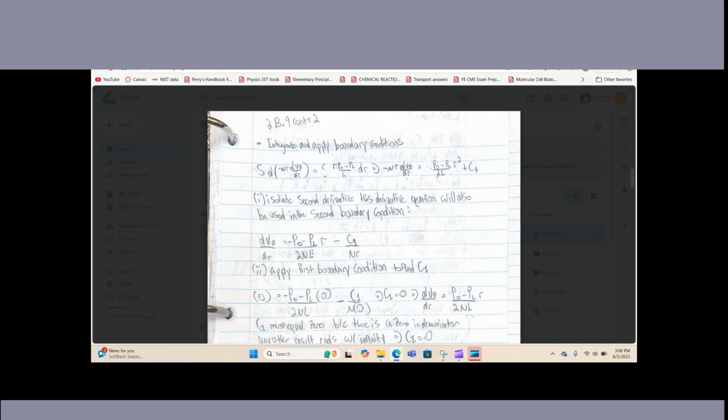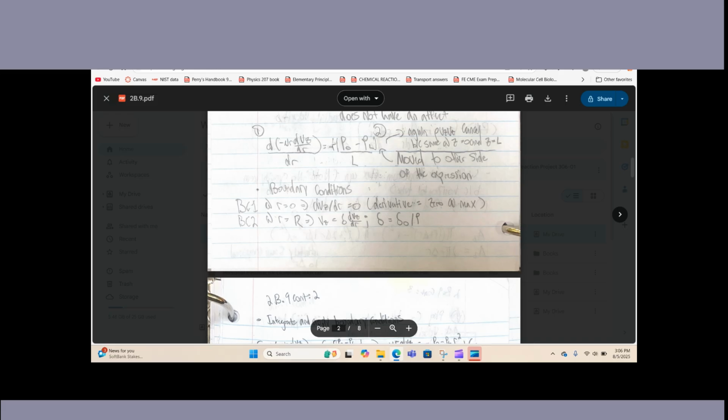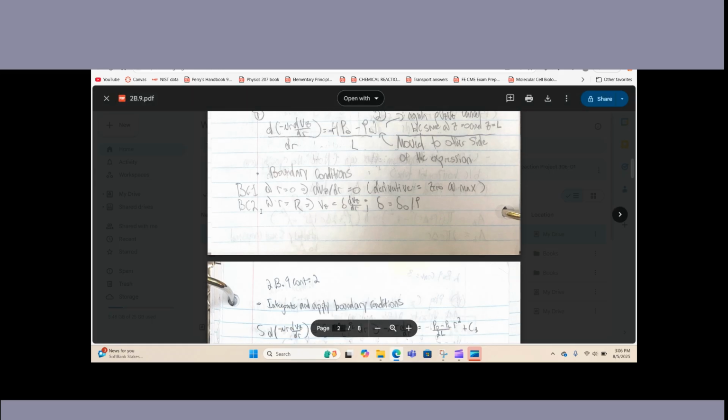Now we're going to isolate this term here, because it appears in one of our boundary conditions, so we can isolate it and then use our first boundary condition.